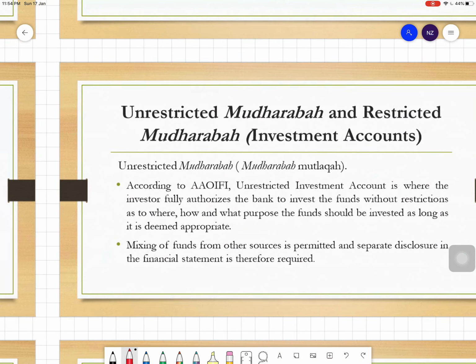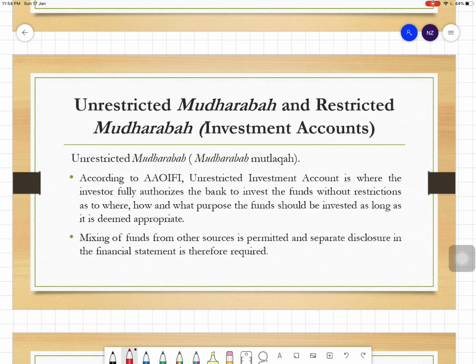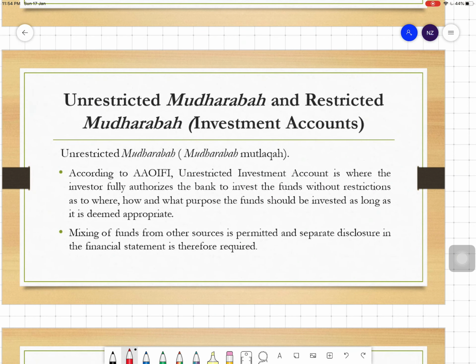Untuk unrestricted Mudharabah ni apa yang saya dah explain tadi lah. Unrestricted investment account is where the investors fully authorize the bank to invest the fund without restrictions as to where, how and what purpose the fund should be invested as long as it's deemed appropriate.